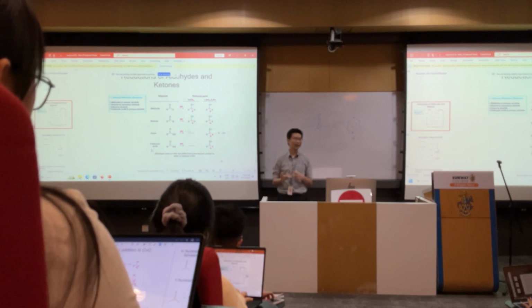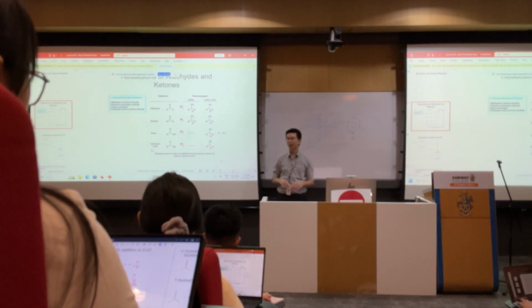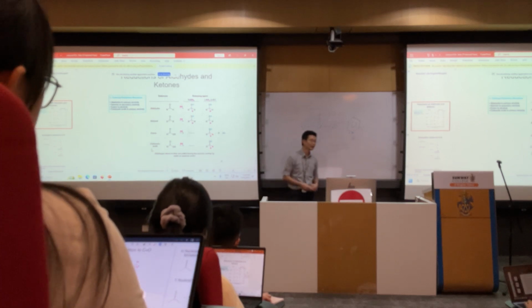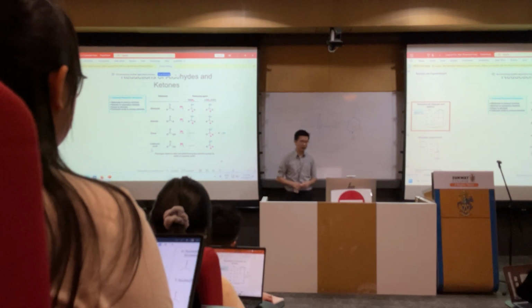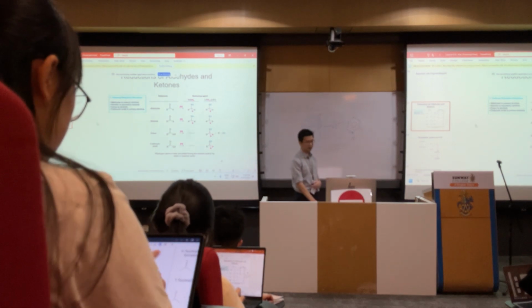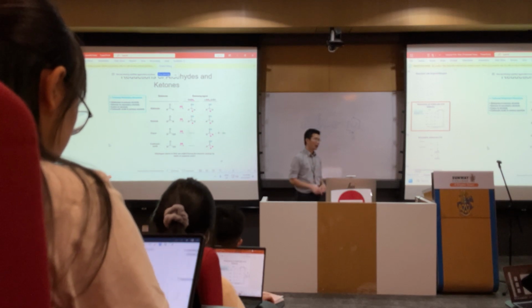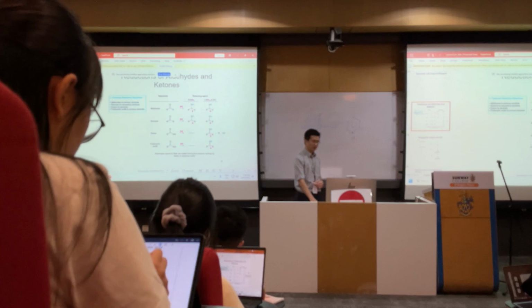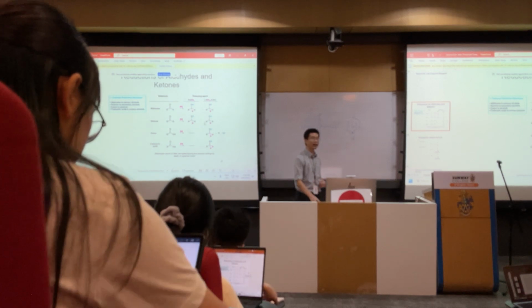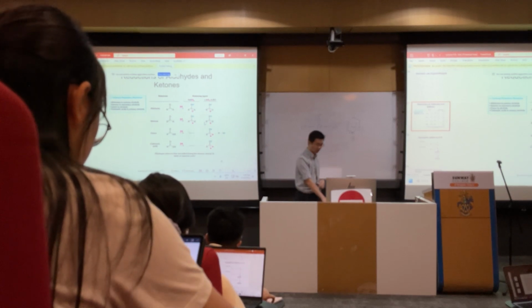So CrO3 and also Na2Cr2O7 are stronger oxidizing agents as compared to PCC. So in this case, we have different reducing agents with different capabilities. Okay. So in this case, sodium borohydride is much weaker than lithium aluminum hydride. So only lithium aluminum hydride can reduce ester or carboxylic acid into alcohol. Okay.